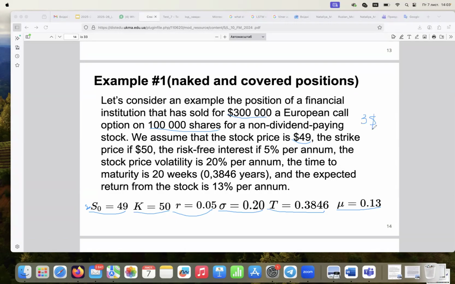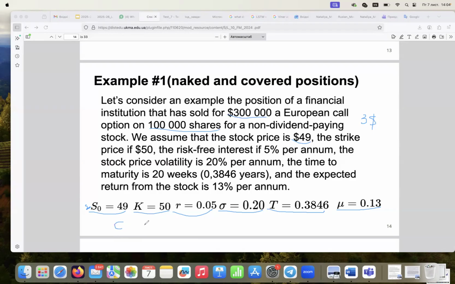So the premium was $3. We can compute the fair price for this premium. How can we compute the fair price if we know all these 5 parameters? Use the Black-Scholes formula.